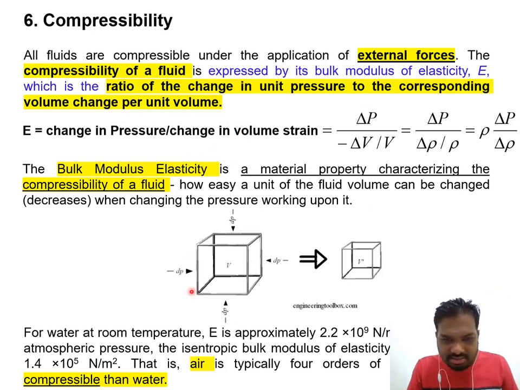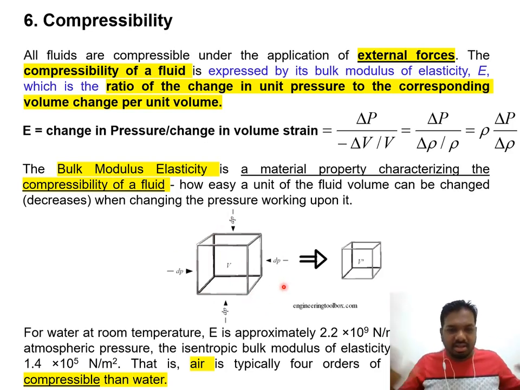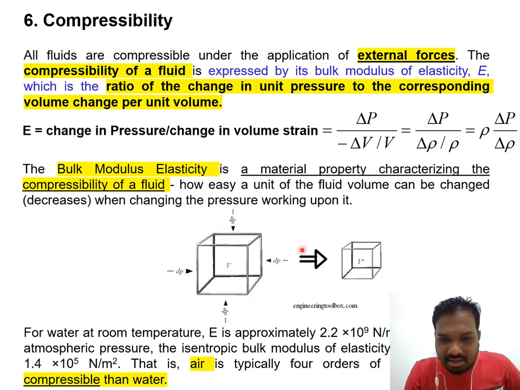So you can see here, bulk modulus of elasticity is a material property characterizing the compressibility of a fluid: how easily a unit of the fluid volume can be decreased when changing the pressure working upon it. Meaning you have a cube here, and you are giving pressure on all 6 sides, and from this volume it becomes a smaller volume. That is what we call compressibility.